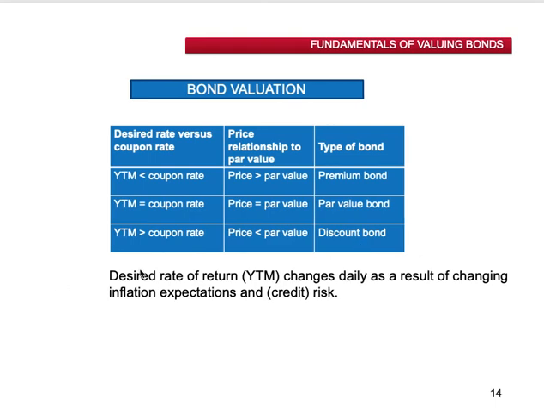And finally, a note on how the yields can change in a market. Well, obviously, yields can change as a result of changing inflation expectations and also changing credit risk of the underlying firm.